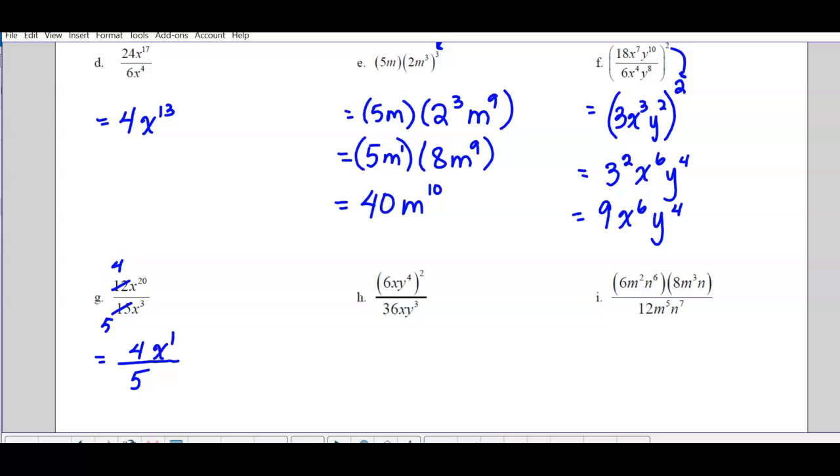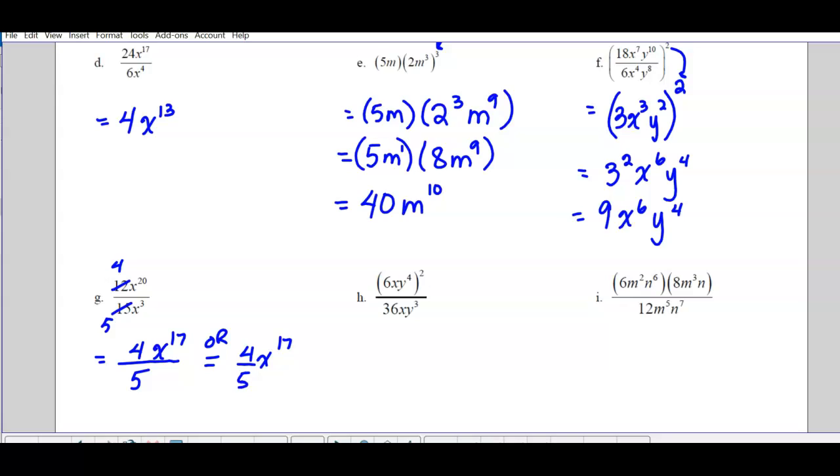So that would be x to the 17. Okay, so that keeps it in fraction form. You could also show it as 4/5 x to the 17. Okay, it means the same thing because that's really like x over 1. So just be aware, either works.